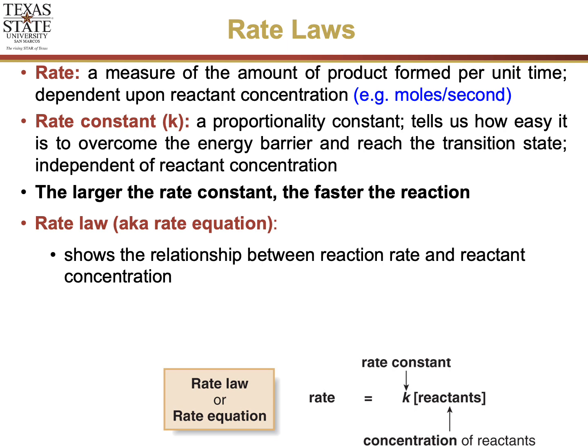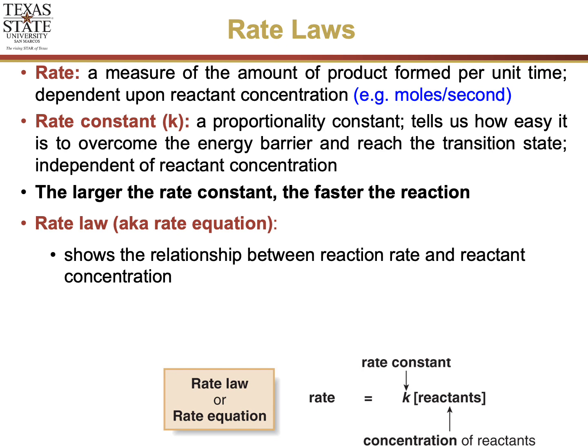All right, so rate is a measured amount of the product formed per unit time. So if we start with a certain amount, we look for it to decrease, or we look for the product to increase, and the rate at which it increases is constant for each reaction. A proportionality constant tells us how easy it is to overcome that energy or reach that transition state in a reaction and is independent of reaction concentration.